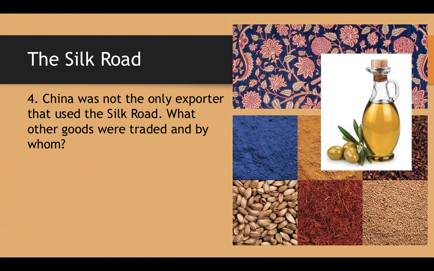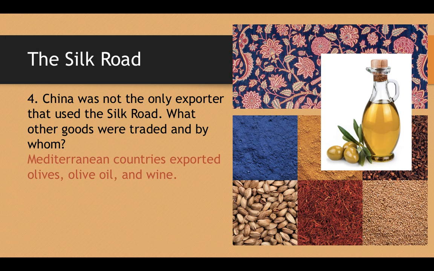China was not the only exporter that used the Silk Road. There were a lot of other countries that also contributed goods that they traded across the world. For example, Mediterranean countries like Greece and Turkey and modern day Israel and Lebanon would export olives, olive oil, and wine because that grows naturally in the Mediterranean.